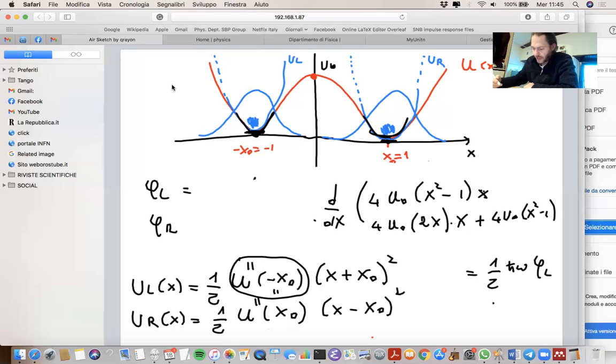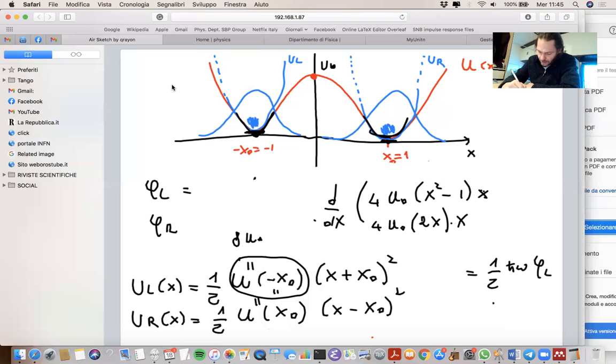Now, in both cases, when I set x equal to +1 or -1, the second term goes away. And in both cases, I get that the second derivative here, if I've done the calculation correctly, should be 8 U naught. Yes, 8 U naught.